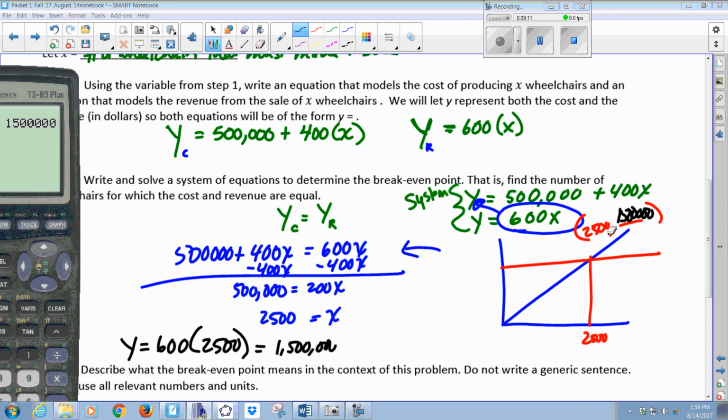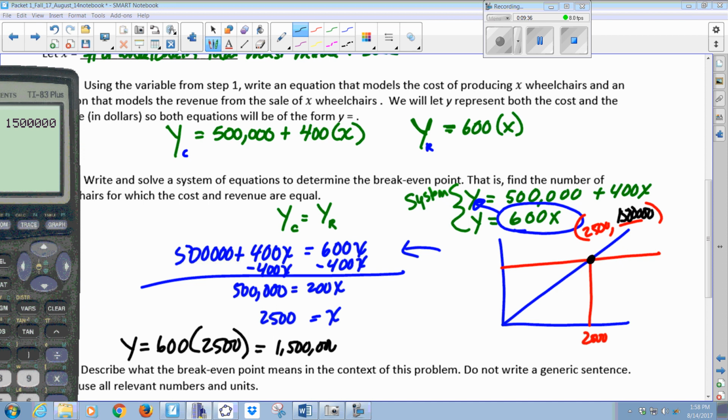So the intersection point has two coordinates. Each of these coordinates represents a different amount. This 2,500 represents the number of wheelchairs that is both made and then sold, and this represents the money that it costs to make those 2,500 wheelchairs, and also the revenue from selling 2,500 wheelchairs. So that's their intersection point.